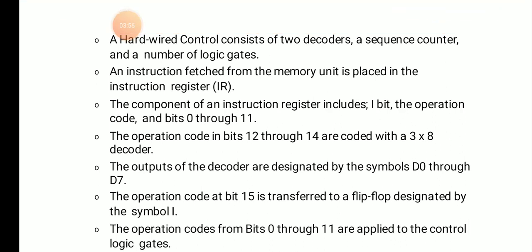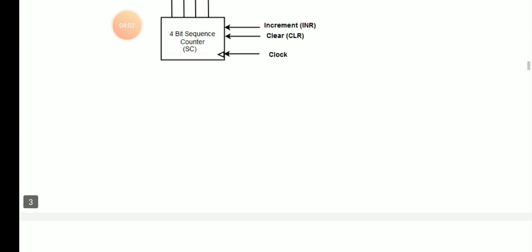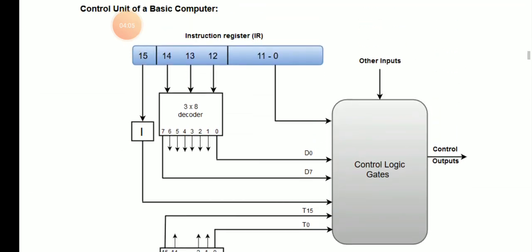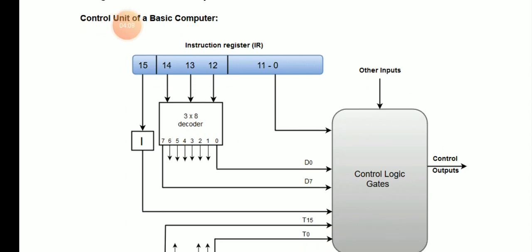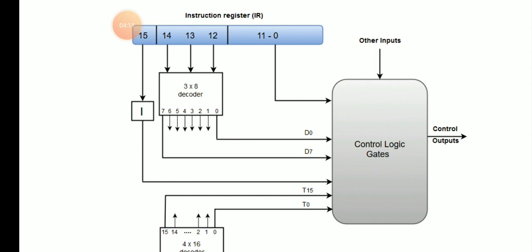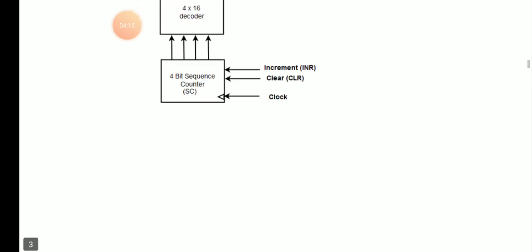The instruction register includes the I bit, the operation code, and bits 0 through 11. The bit 15 of the instruction register is given to the control logic gates.